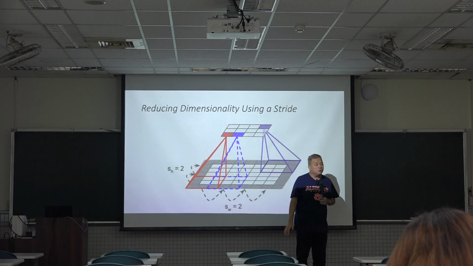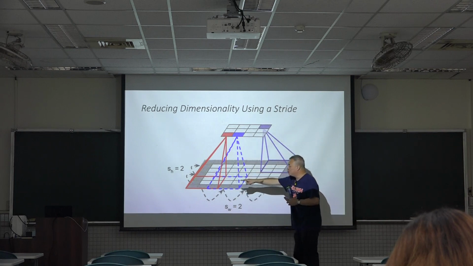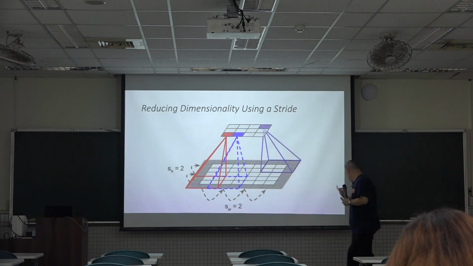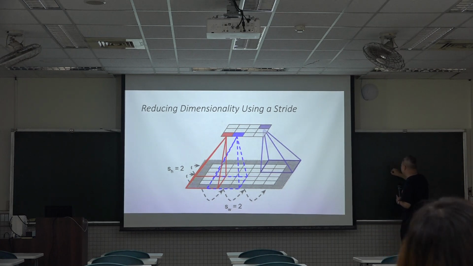We are going to get the weighted sum. So we are going to have a filter. Remember, the receptive field is 3 by 3, right? So the filter is of size 3 by 3.